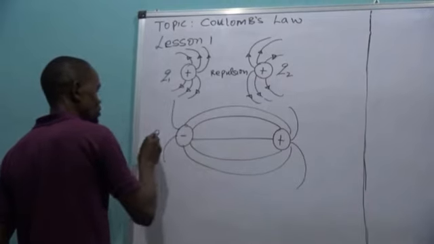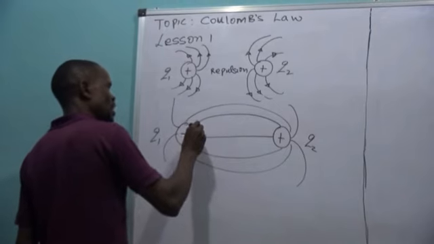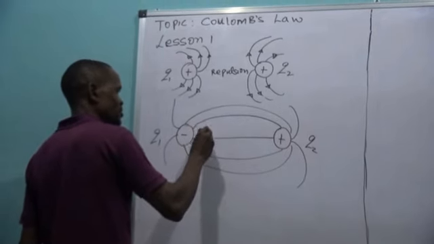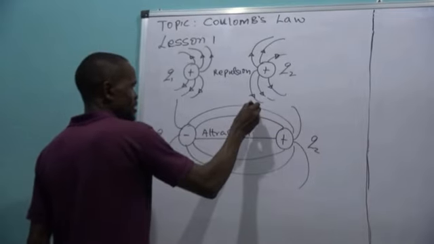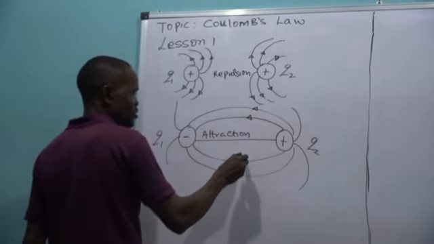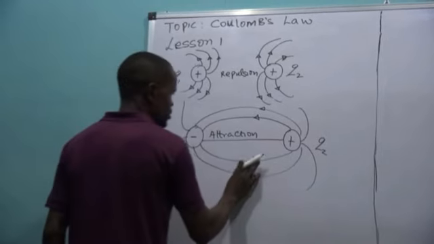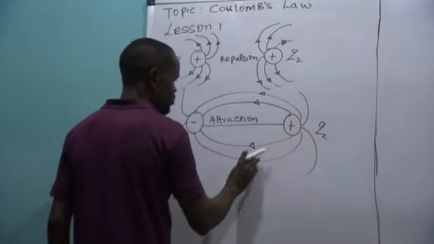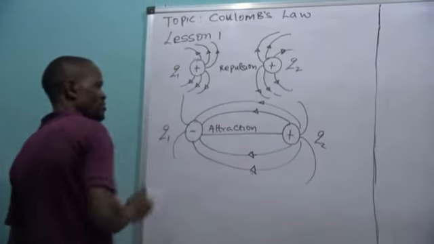This is charge 1 and this is charge 2, and this is what we call attraction. And this is the direction of the line of field, from positive to negative.